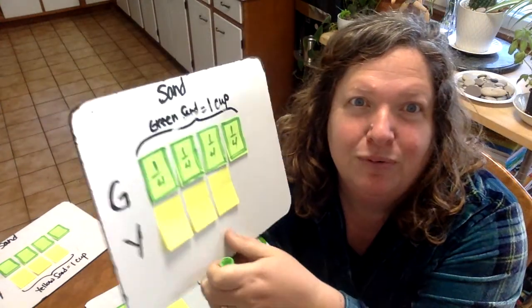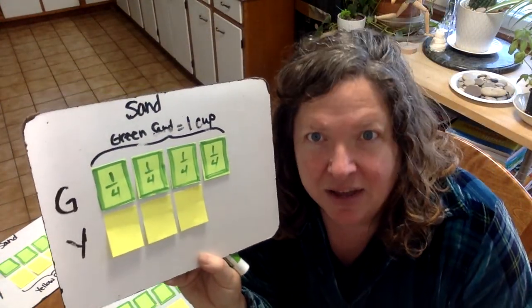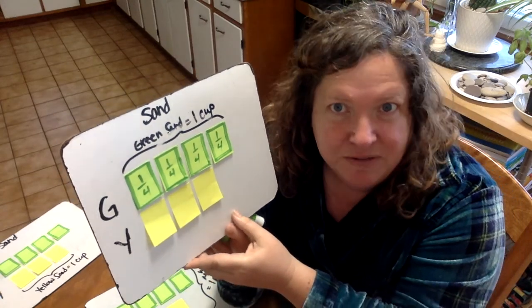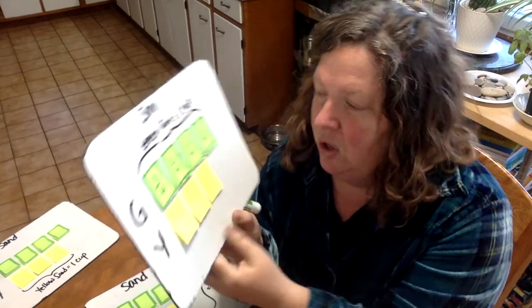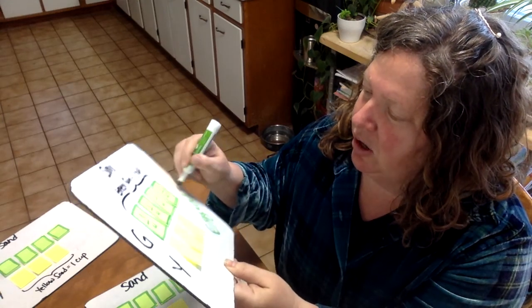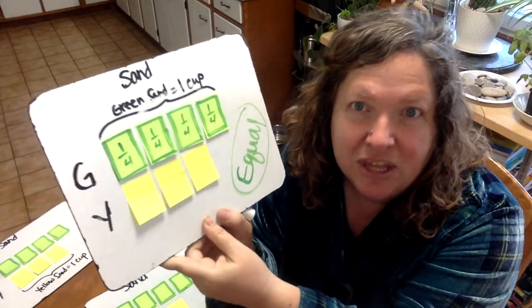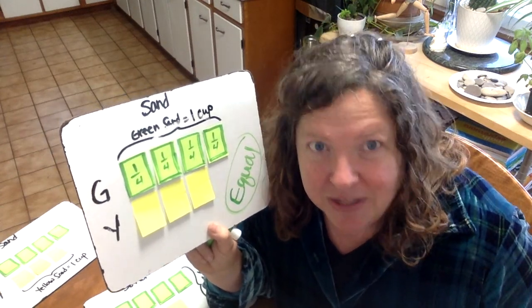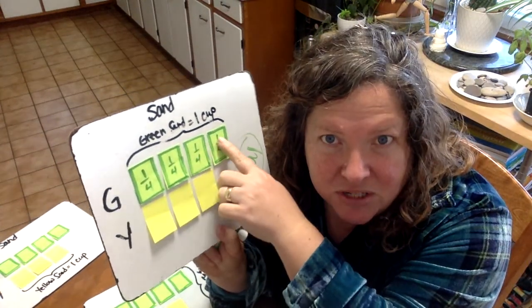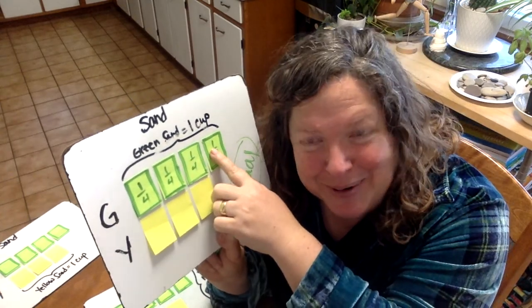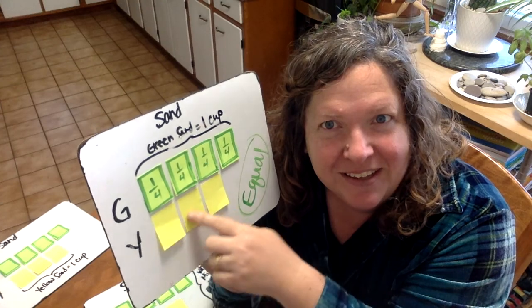So they're each 1/4. Now, remember, when we're talking about parts of something compared, we're always talking about equal parts. The word that we don't hear but is in there is equal. So these parts are all equal. 1/4 is equal to 1/4 is equal to 1/4 is equal to 1/4. But what about these?